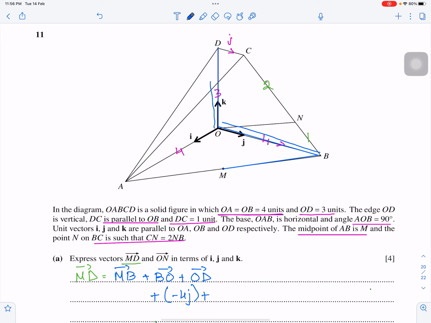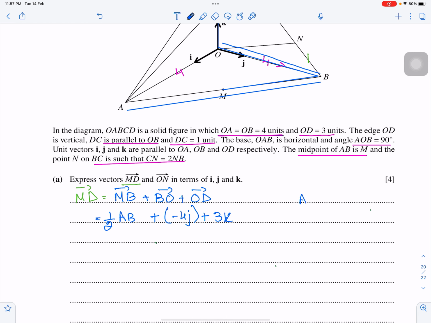And OD, which is this, equals 3K. What is MB? MB I don't know, but I can easily find AB, the only reason being that I know OA and OB. M is the midpoint, so basically MB is half of AB. Agreed? So let me find AB quickly here.